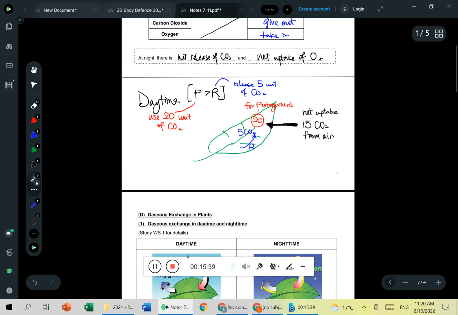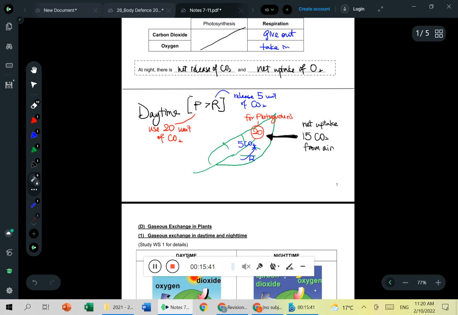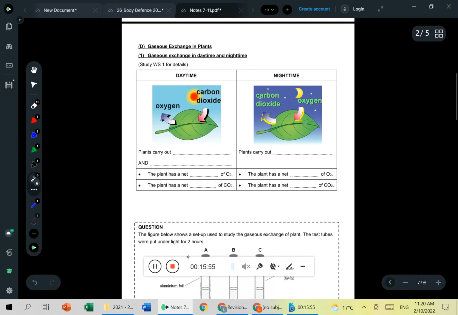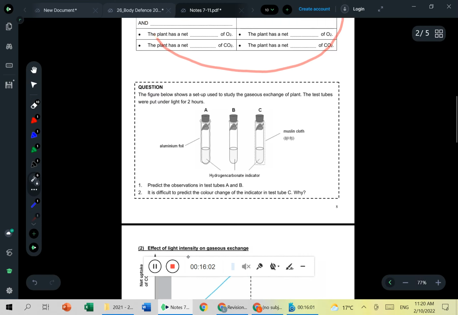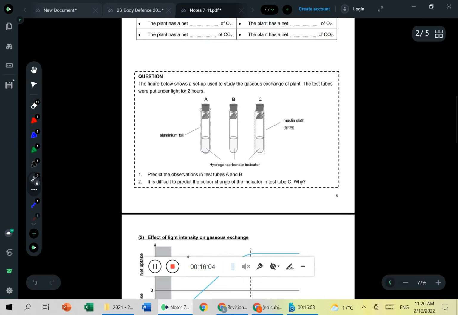But think about this. When we measure how the plant does gaseous exchange, we can only measure how much CO2 is changed in the air. So if I'm allowed to skip this page, because I think you can fill in this page easily, I'm going to skip this. But you have to fill in this, okay?